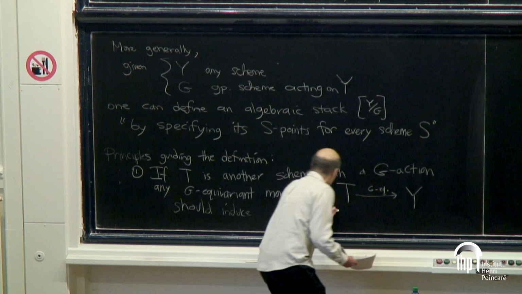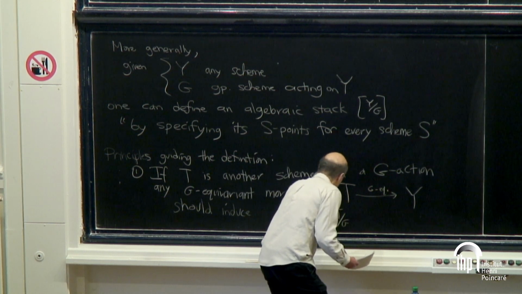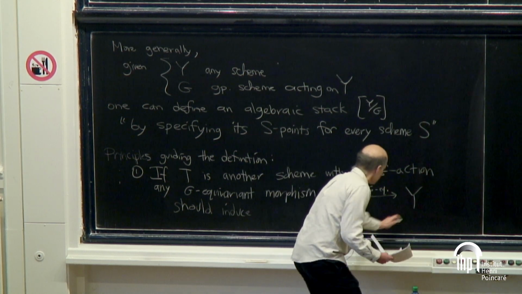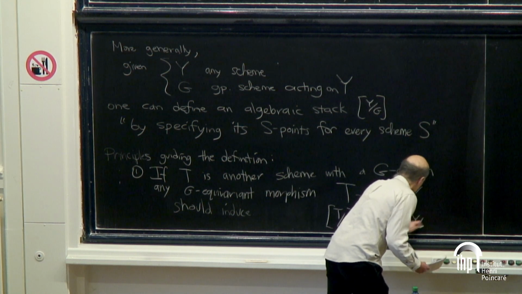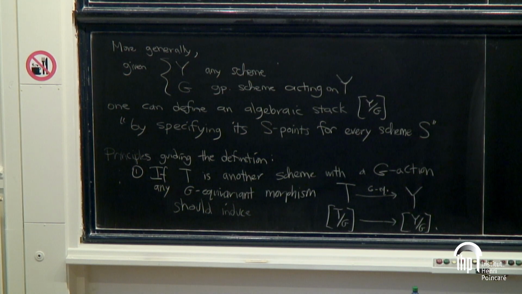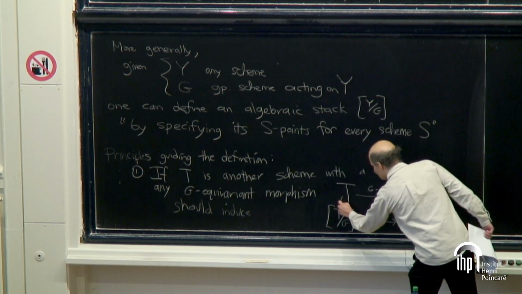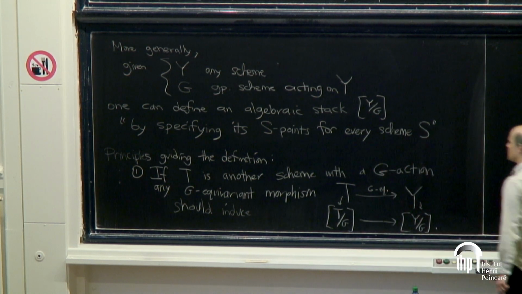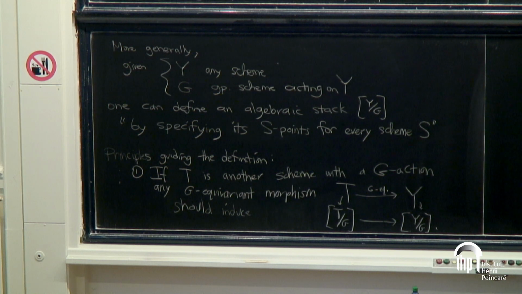Whatever these quotients are, you would expect to get a morphism like this, and then there should be the quotient maps going down here. So there should be a square like that.